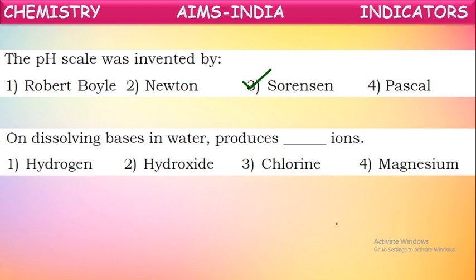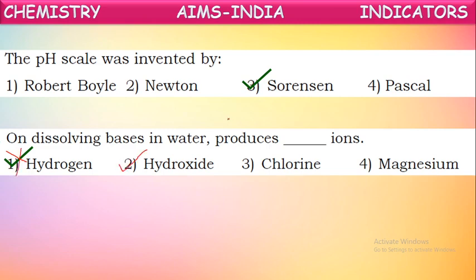When you dissolve bases into water, they produce OH minus ions, which are commonly called hydroxide ions or hydroxyl ions. So, on dissolving bases into water, they produce hydroxide ions.